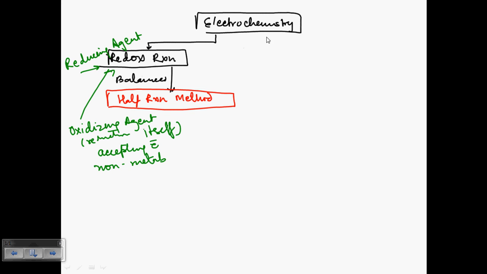The second big part of electrochem is conversion of electrical energy to chemical energy and vice versa. The device that converts chemical energy to electrical energy is called a voltaic cell.